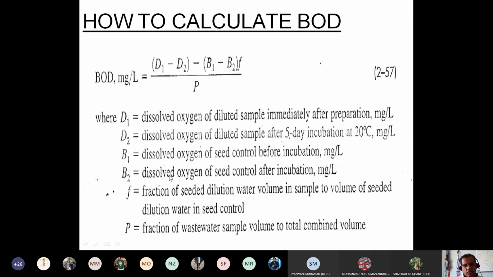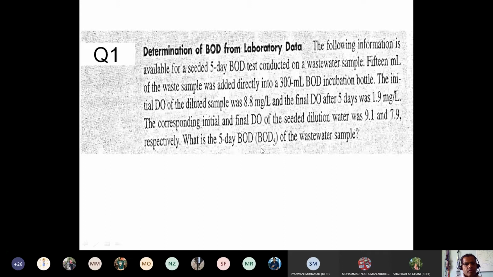And B2 is dissolved oxygen of seed control after incubation. F is fraction of seeded dilution water volume in sample to volume of seeded dilution water in seed control. P is fraction of wastewater sample volume to total combined volume.